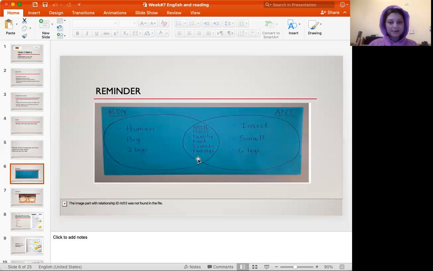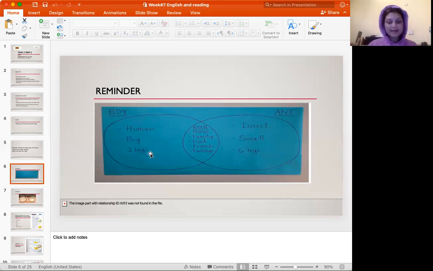A quick reminder, do you remember insects, ants, and humans? We are going to compare a human body to an insect. Human, the boy, and the ant. The boy is human. The ant is an insect. This one is big. This one is tiny and very small.